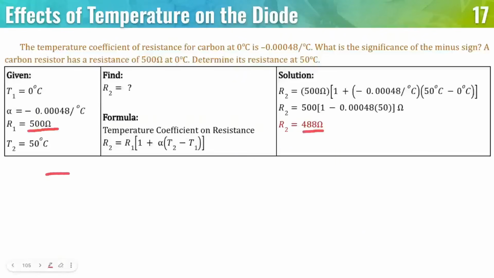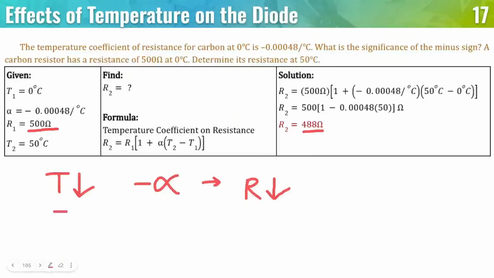So if the temperature is going up and the resistance is going down, that means that a negative coefficient can affect whether the resistance goes up or down.